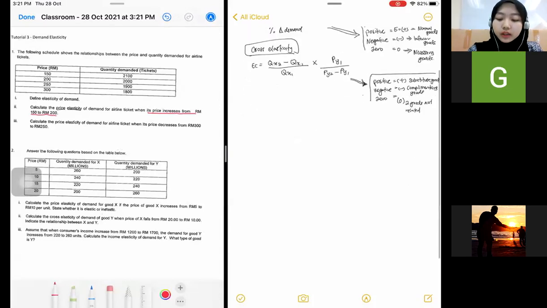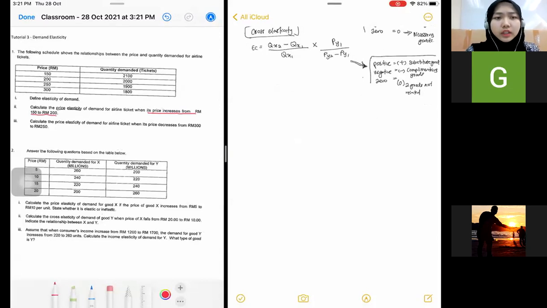When answering this question, the first step is to take out the important information from the question, like the one that I underlined here. This is the information that you need to place in your formula later on. So take out the information.